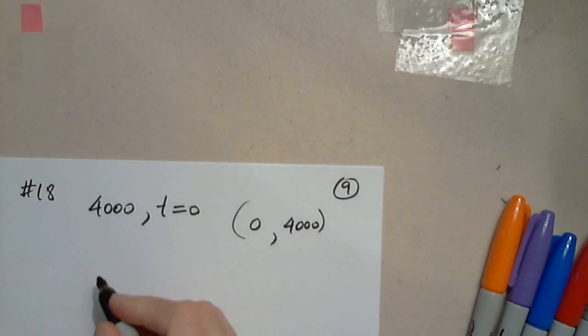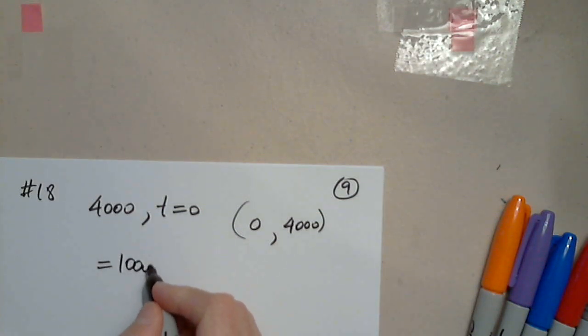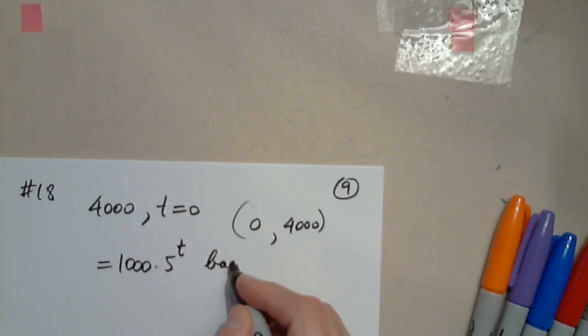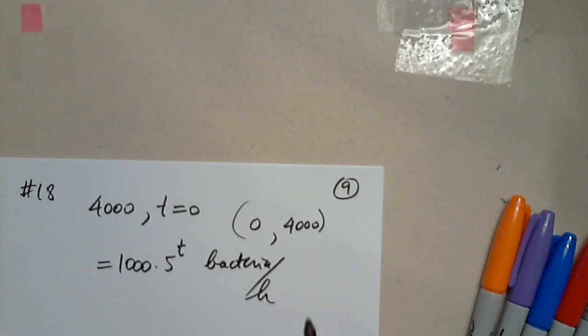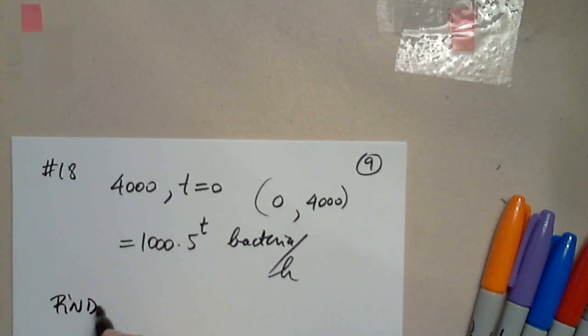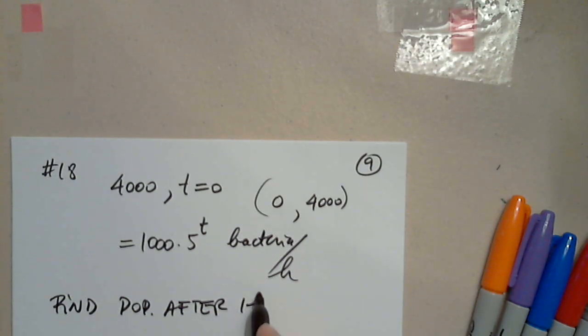And you will tell me what this represents. 1,000 times 5 to t, and it's bacteria per hour. What is the population after 1 hour? Find population after 1 hour.